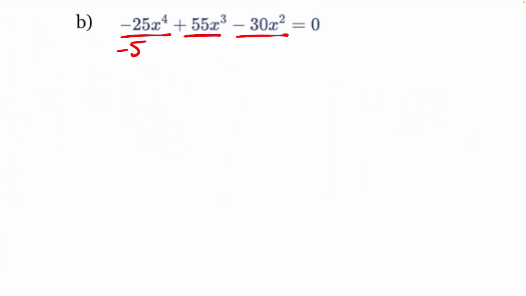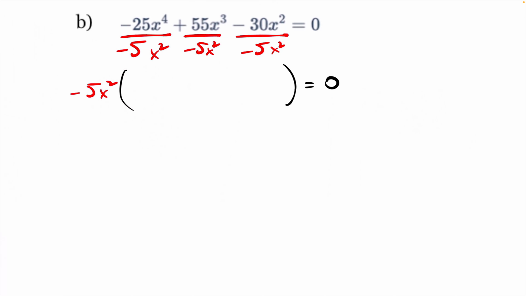Negative, because the first guy's got to be positive. And then they can all give 2 powers, right? They can all give 2 powers. Reduce them.